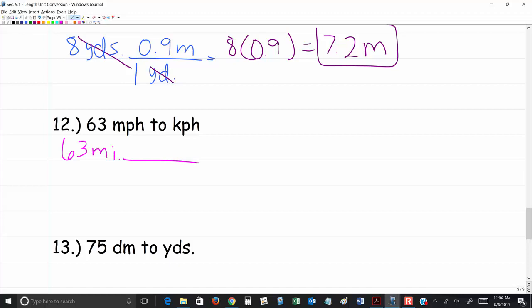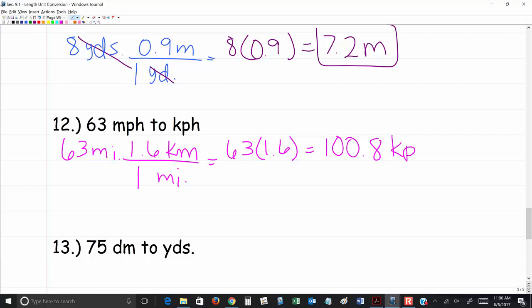Let's see if we have a conversion factor. We have 1 mile equals 1.6 kilometers. So just multiply 63 times 1.6 to get the answer. So that's 100.8. 100.8 kilometers per hour.